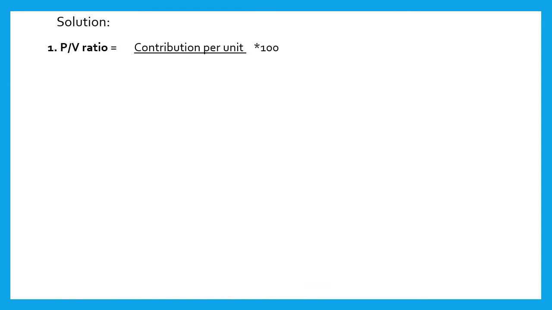While answering this question, first we have to calculate PV ratio. What is the formula for calculating PV ratio? It is contribution upon sales into 100. If you have contribution per unit and selling price per unit, you can use the formula contribution per unit upon selling price per unit into 100.